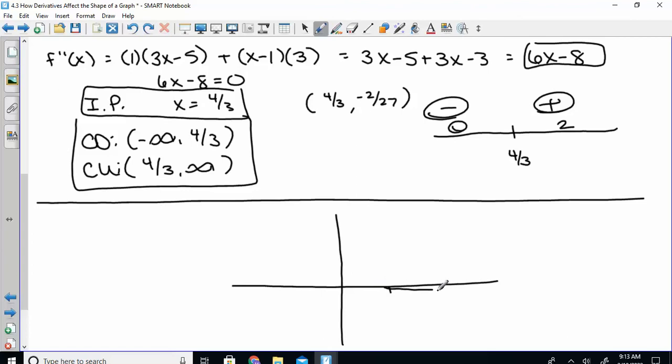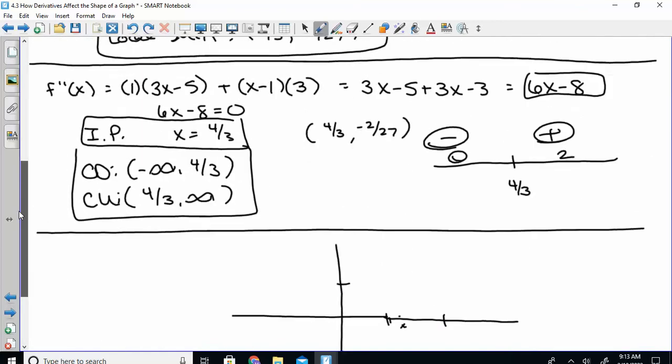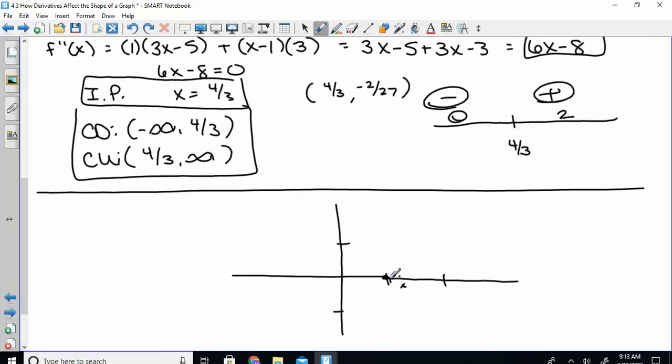This is going to be a little bit tricky because these points are pretty tiny, but we'll do the best we can. So 4/3, that's like 1 1/3. -2 over 27 is a very small negative number. All right, my max was at 1, 0.